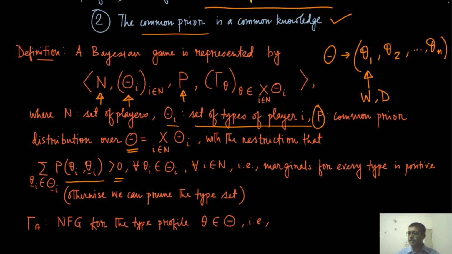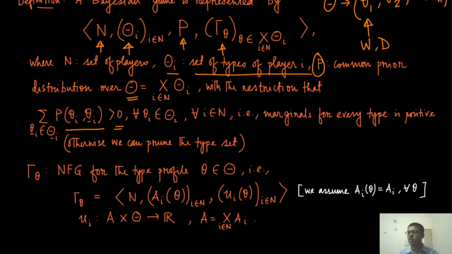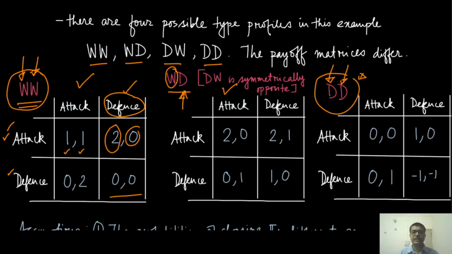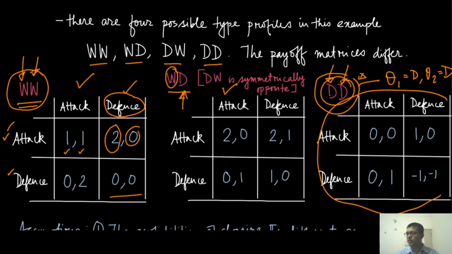Now the last element in this tuple is gamma of theta, and gamma of theta is the normal form game. So it is the normal form game when the type profile is theta. Think of one of those previous examples. Once you have fixed theta, let's say theta 1 is D and theta 2 is also D, in that case you know which game you are playing, and this is essentially going to be the gamma of theta in that case.